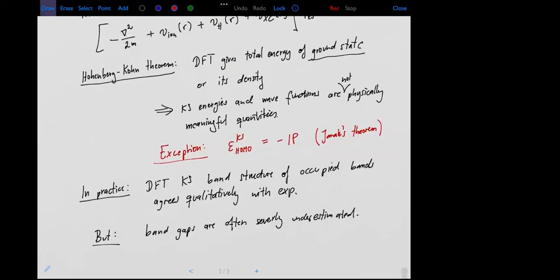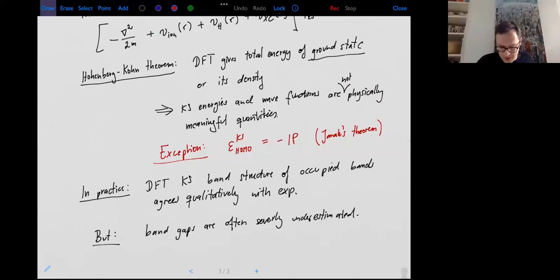All right, so band gaps. They're often underestimated by DFT, and historically that surprised people a lot. In the 80s, when people started to apply DFT to many different things, they were really surprised that DFT doesn't give you particularly good band gaps, and that led to a bit of confusion for some time, but it's all resolved now.